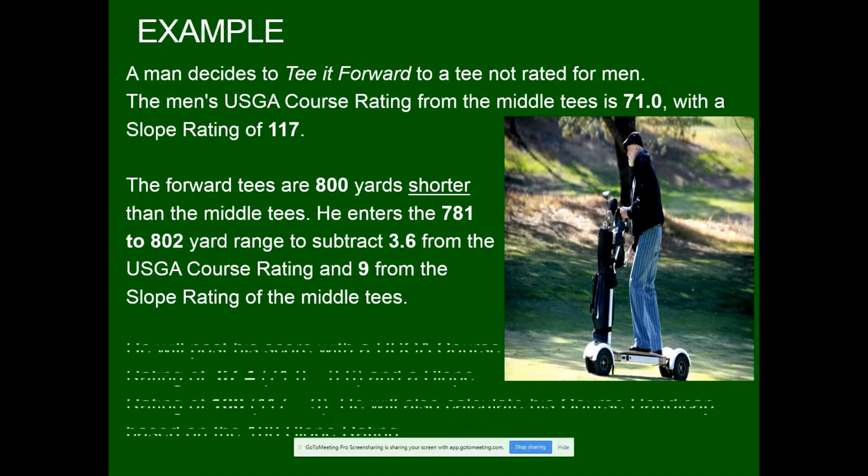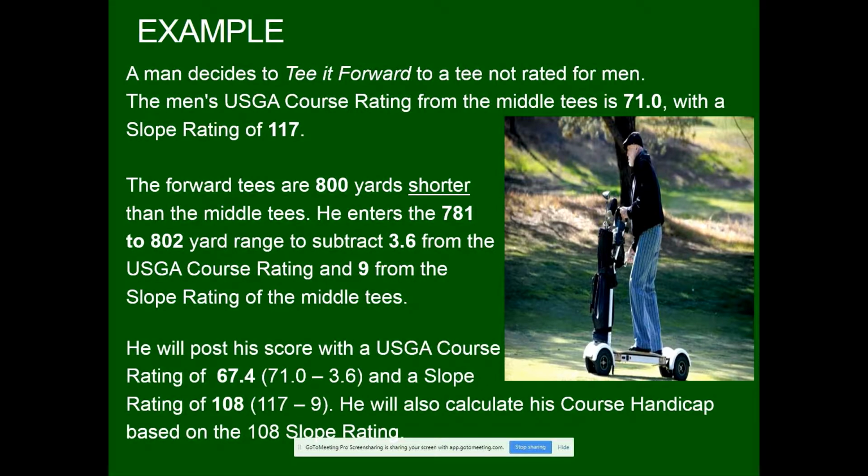So what will ultimately give him a new rating for this set of tees, a temporary rating of 67.4 and a temporary slope rating of 108. And he would enter that manually into the handicap system in GHIN and post that for that day. Once again, this is only for a temporary situation. And if more people are playing these tees, please ask us to give you an official rating for those tees.